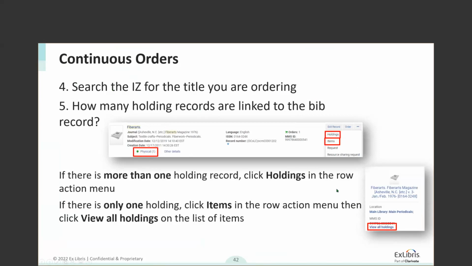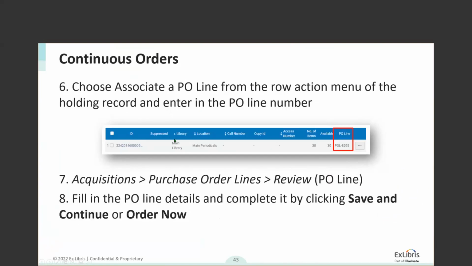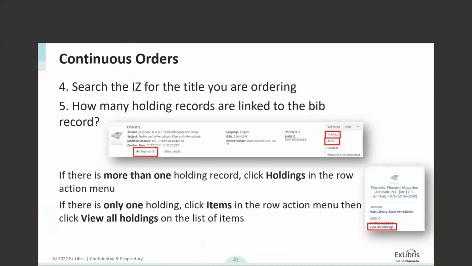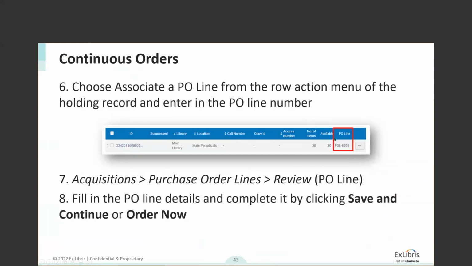The reason is, if I only have one here and I click on holding, it opens up the holding in the MD editor, and where I want to be is this list of holdings. I added this to the Idea Exchange myself. I have not followed up to see if it's been accepted or not. I asked for this behavior to change and go to this list, even if there's only one.